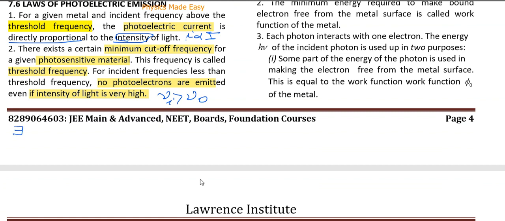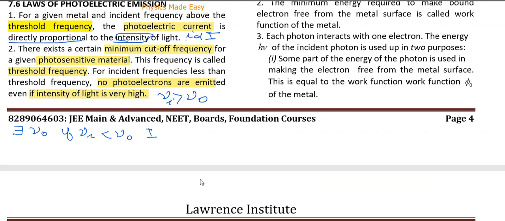If there exists a minimum frequency nu naught, and the incident frequency is less than the threshold frequency, then whatever may be the value of I, it means that if you keep the incident frequency lesser than the threshold frequency and go on raising the intensity, even if you raise the intensity level, no photoelectric emission will take place.